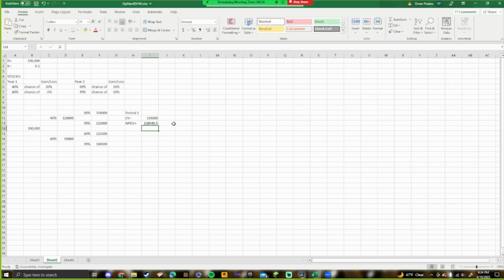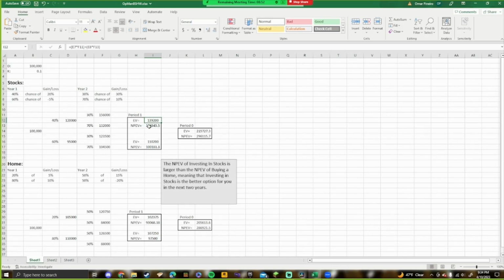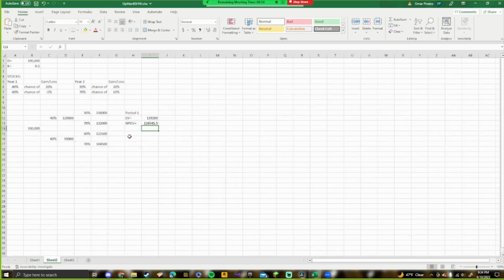So 126,545.5. All right, just to confirm. There we go. And now what you're going to do is you're going to do your EV value for this route. So it is exactly the same thing that we did before, just with these values instead.